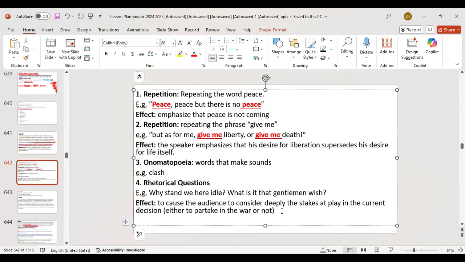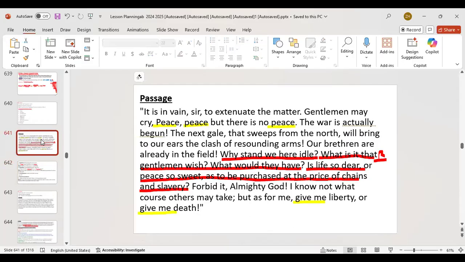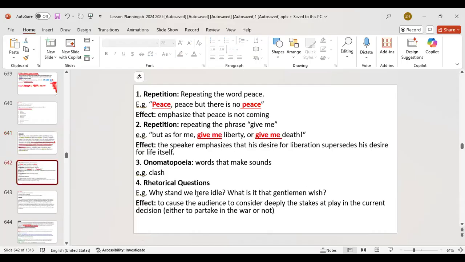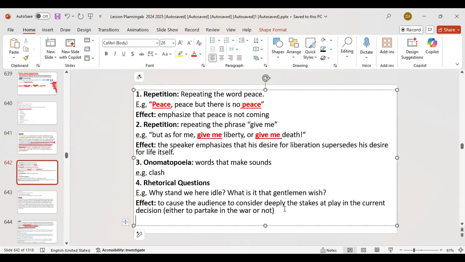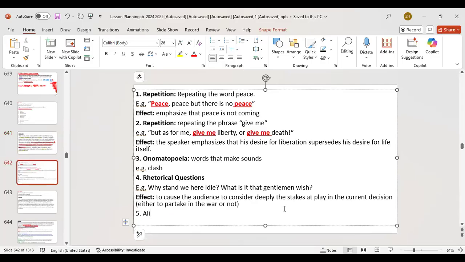Then we have "resounding arms." Resounding arms is alliteration. So number 5, alliteration.